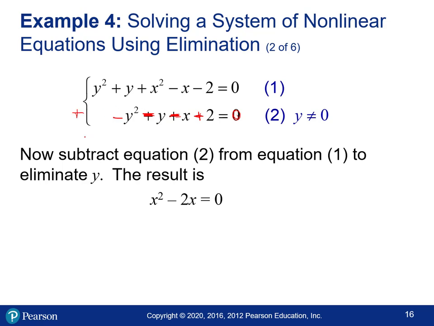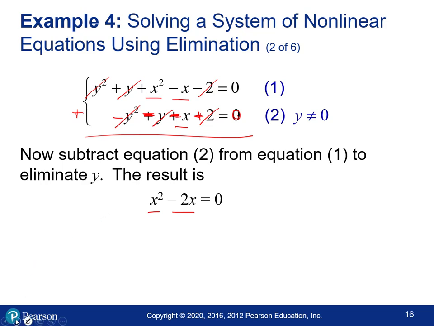And so if we just add that up from there, the y squareds add up to 0, the y's add up to 0, we have an x squared, and then negative x minus another x, so that's minus 2x, and the 2's add up to 0, and then this still equals 0. So that's the result from elimination.